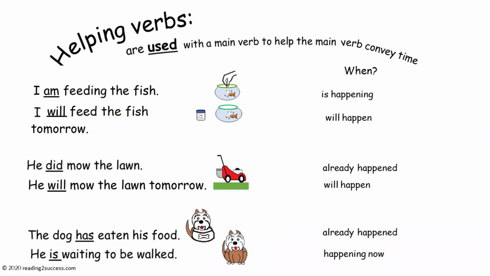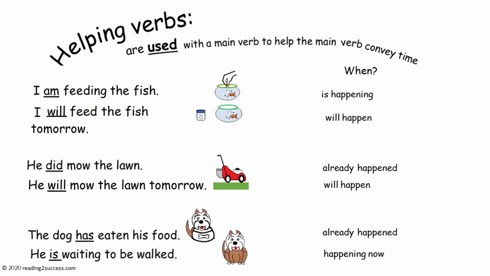Now it's time to introduce kids to helping verbs. They are used with a main verb to help the main verb convey time. So let's look at our first sentence. I am feeding the fish. Am is the helping verb for the main verb feeding.